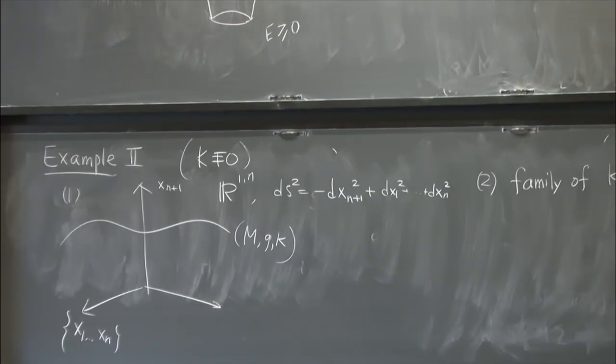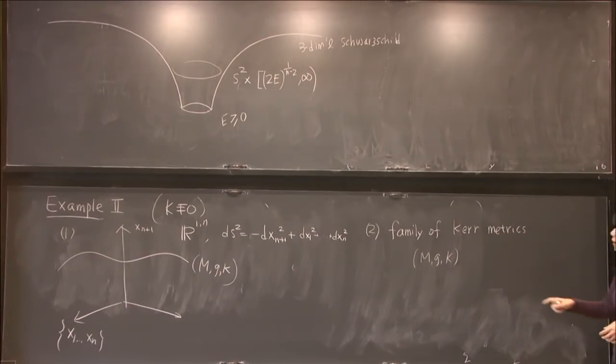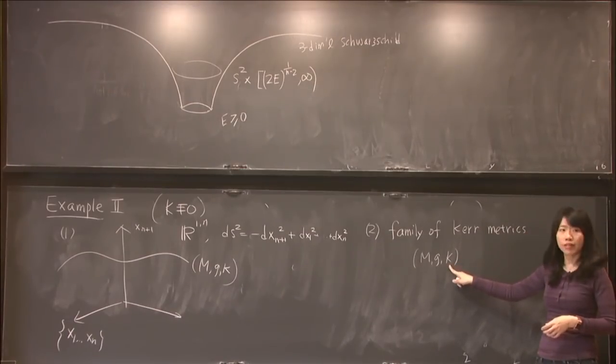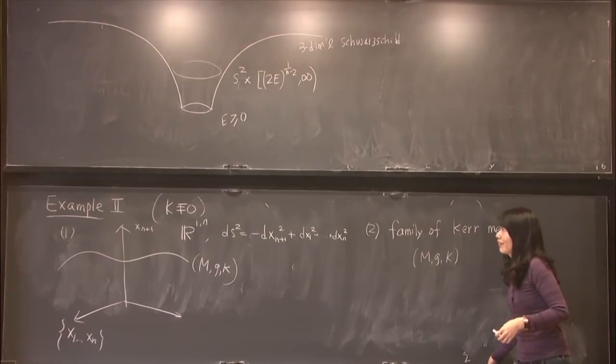The metric can be explicitly written down, which has many terms to write down, but the key thing is K is not 0. So there are those examples, which tell you we cannot really just look at the Riemannian case because it does not cover all the examples we know.